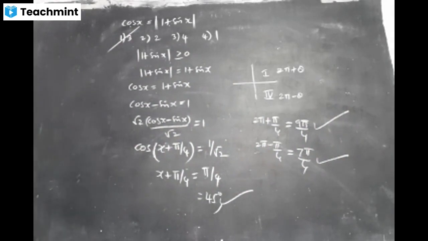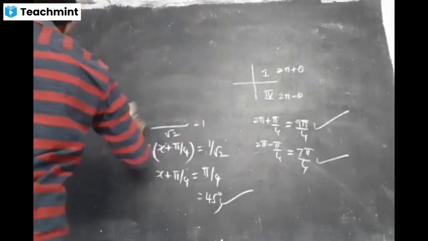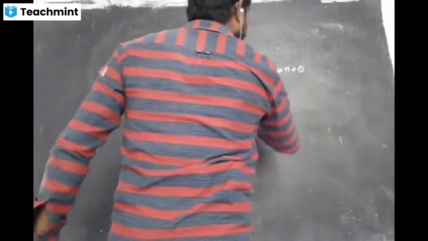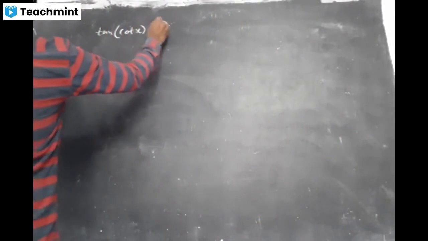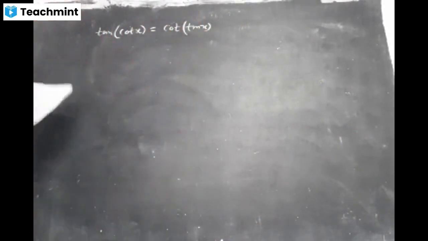The number of solutions, 3. So next: tan of cot x is equal to cot of tan x.